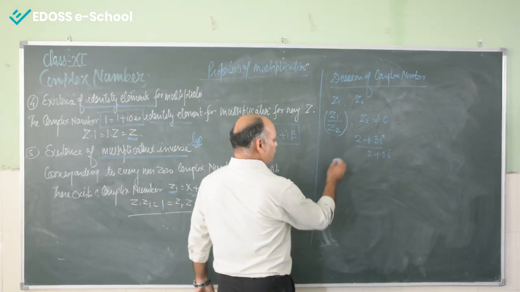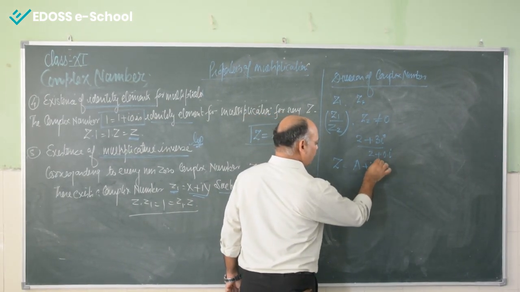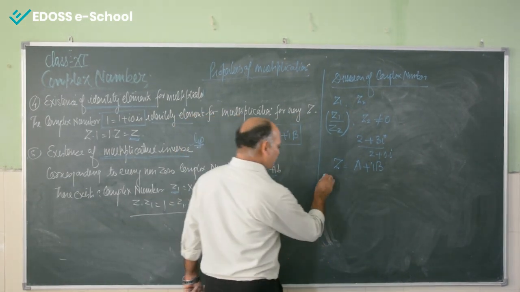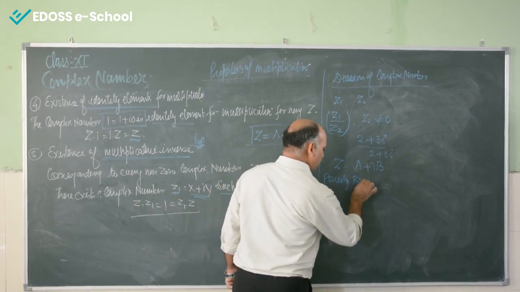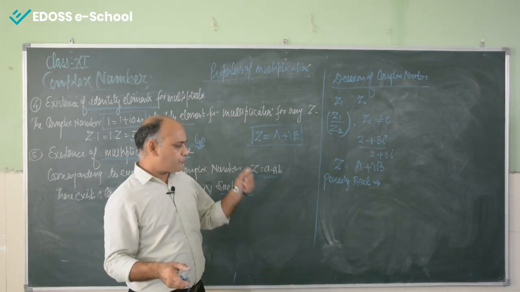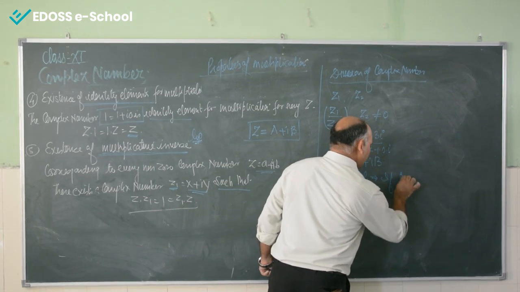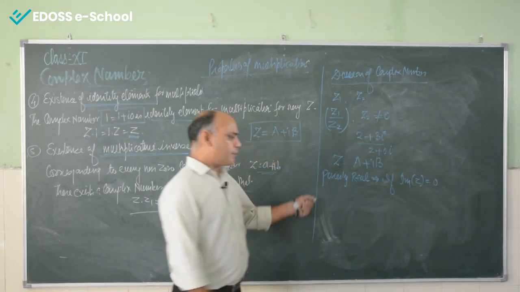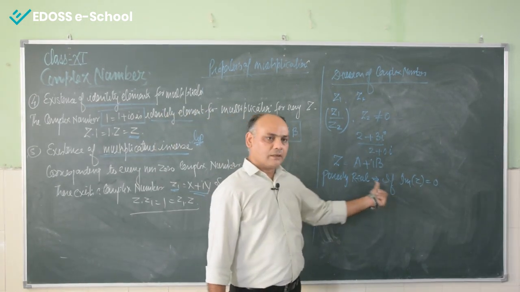Now see, if I am saying suppose Z equals a plus iota b, then two cases arise here. The first one is purely real. If any complex number has its imaginary part equal to 0, then the complex number is purely real.